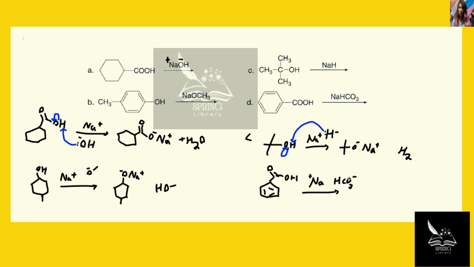Then this carbonate can pick up the proton to form bicarbonate, HCO3 minus, neutralizing it and making a negatively charged carboxylate conjugate base, which will be neutralized by the proximity of your positively charged sodium.